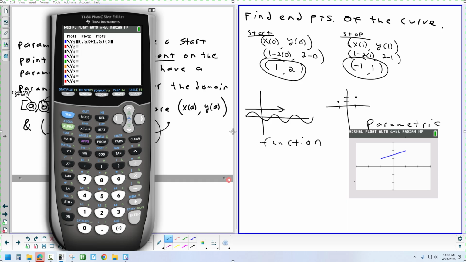So x, and then you're going to press second math, and that's how you get the greater than or equal to symbol. So by doing that, I'm telling the calculator only go from -1 and up. So that'll fix part of it.